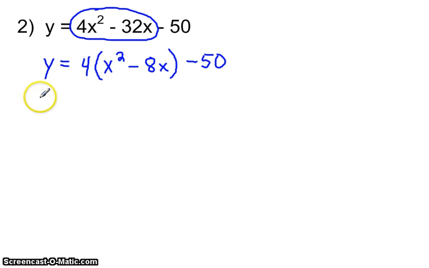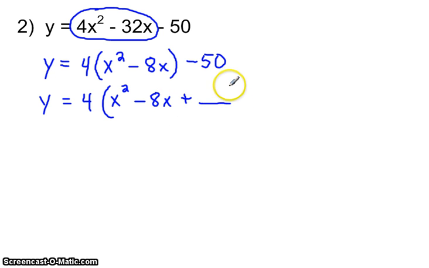Okay, we're going to do the completing the square part. So we're going to do x squared minus 8x plus blank. And then we've got the minus 50 out here. And then we added blank, so we have to subtract.